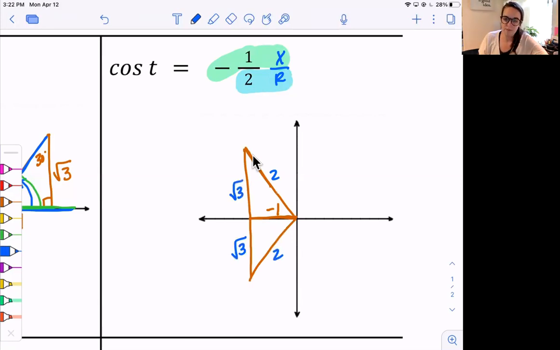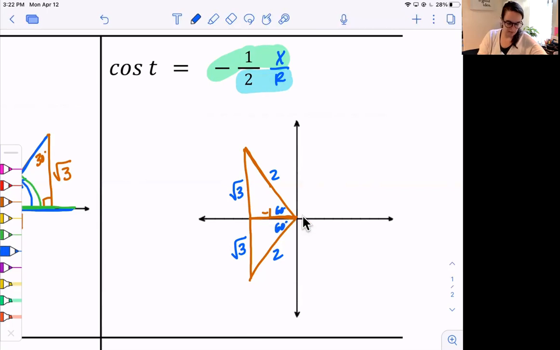I'm going to go ahead and move that -1 and put it here. All right, so I have 1, 2, square root of 3. I know that that's 30, 60, 90. So across from square root of 3 is going to be my 60. Same thing here.